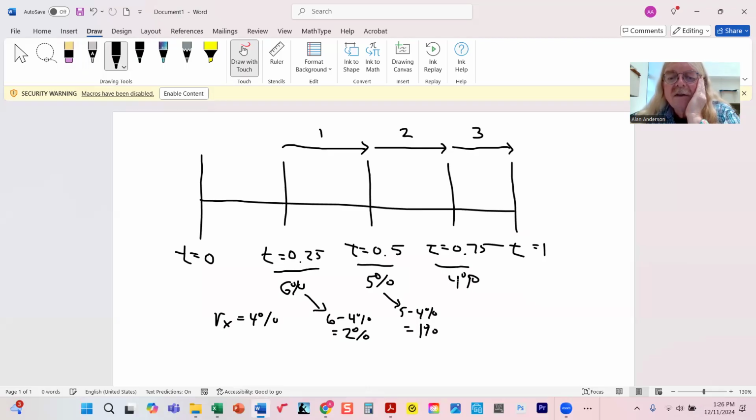Now, in the last case, at 4% or anything below that, my payoff will be 0 because that's the strike rate. Okay. So the beauty of this is that if the rate goes down to 3, I can still borrow at 3 and not exercise the caplet, I should say. So it's just like a call option, except that instead of the underlying security being a stock or something like that, it's an interest rate.